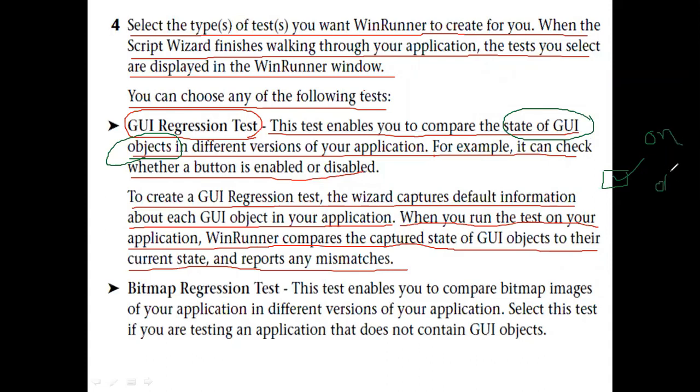These are the different states of these GUI objects. Similarly, this is the radio button, so this is also on or off. Similarly, push buttons will be enabled or disabled. That means this GUI regression test we are going to use to compare the state of GUI objects in different versions.